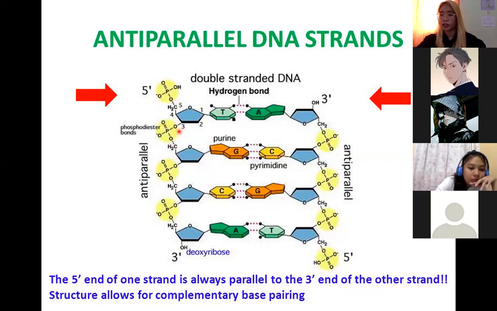Again, naka-attach siya sa 5. Yung nasa baba, 1, 2, 3. Naka-attach siya sa 3. Again, this is 5. This is 3. So, ang direction nitong strand ng DNA na to is going from 5' to 3'. Okay? Okay tayo doon? Pa-thumbs up sign kung naiintindihan.